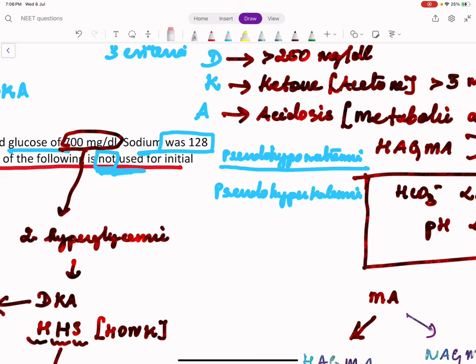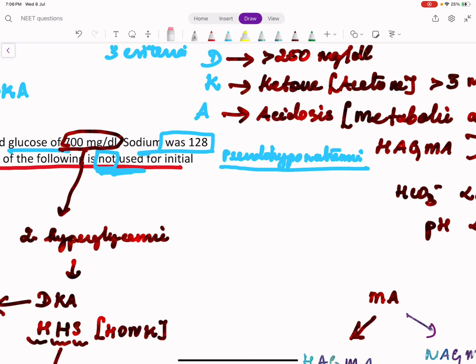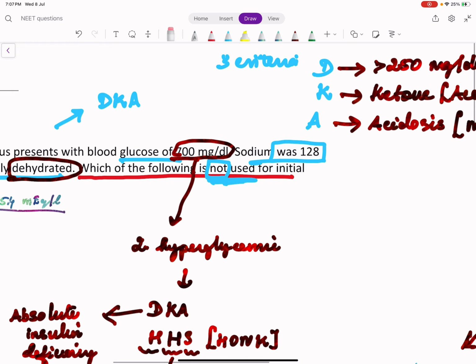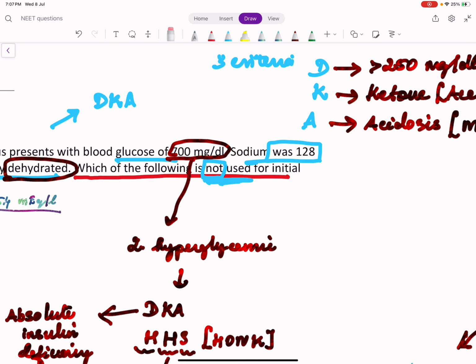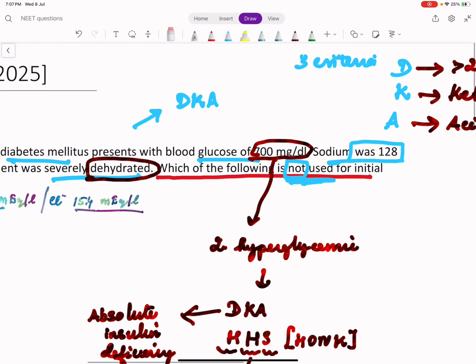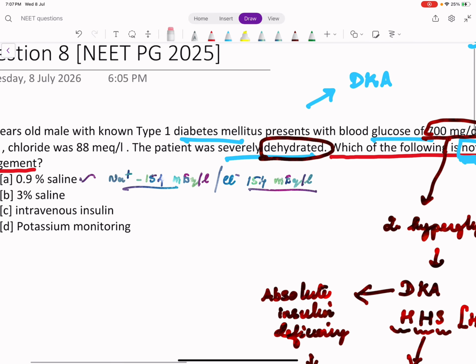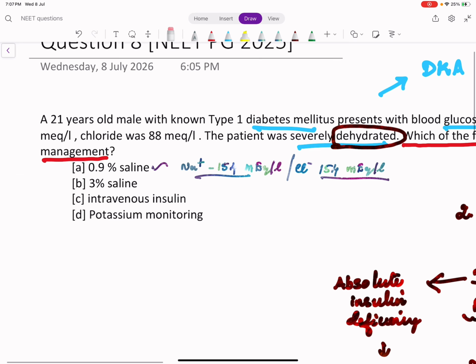So before diagnosing electrolyte imbalance, we always have to rule out the pseudo condition. So this could very well be a pseudo hyponatremia. Even if it is a hyponatremia, it is not severe, so it does not need 3% saline. So this is not used.